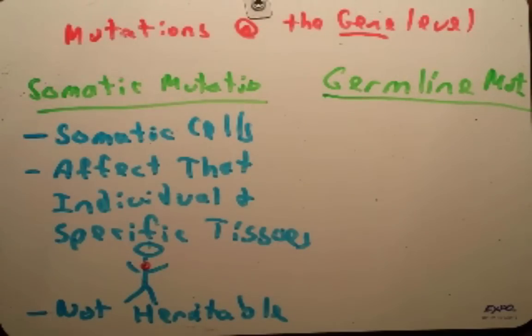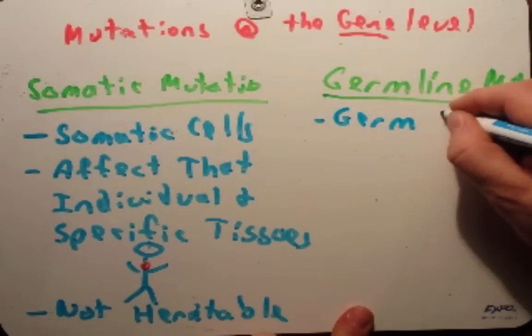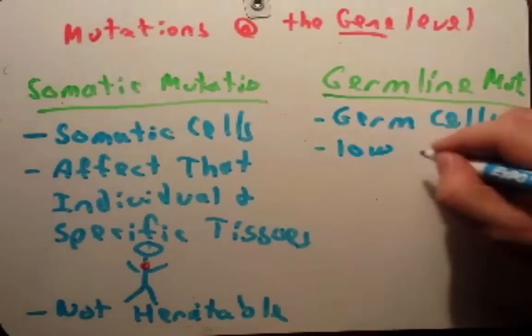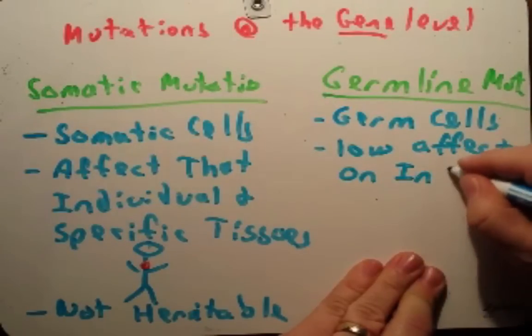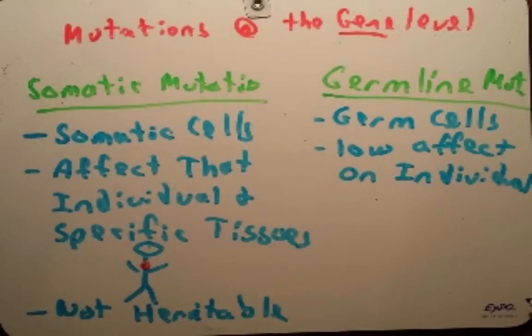Germline mutations affect germ cells, those cells that will make gametes. They have a low effect on the individual. If you get a mutation that produces altered sperm, it could lead to something like infertility, but it's not going to cause any health abnormality for that individual.